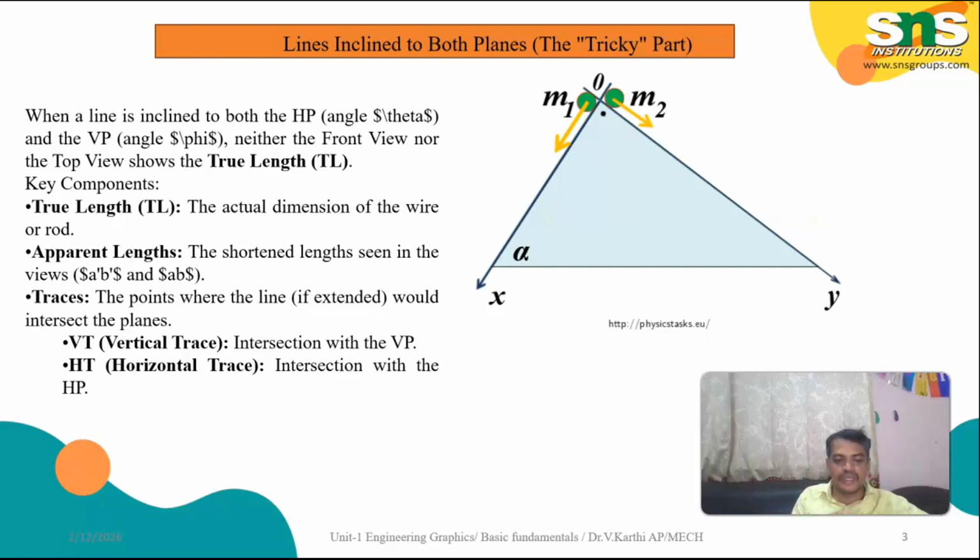Because the line is tilted in 3D space, sloping upward or downward and sloping sideways, so neither projection plane sees the line completely flat.